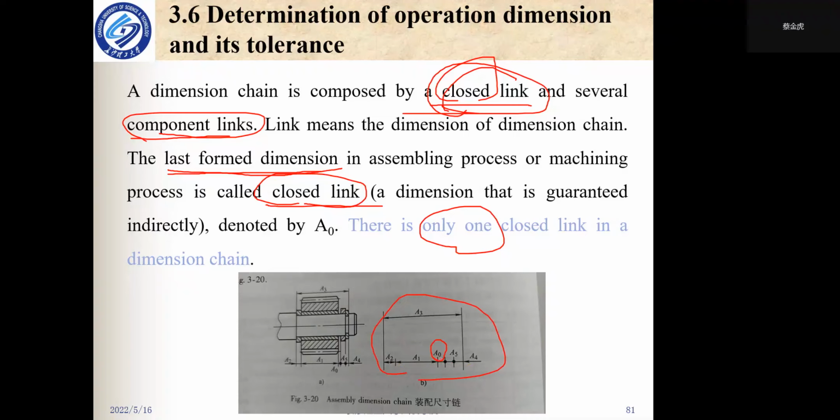We can compute A0 by A3 minus A2 minus A1 minus A5 minus A4, and we get A0.